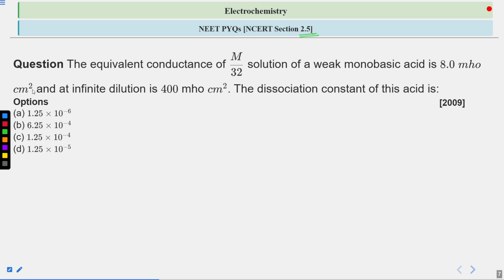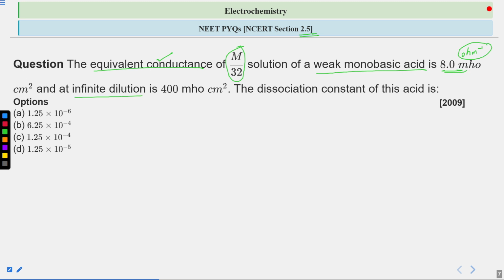We have a solution of a weak monobasic acid whose concentration is M/32 molar and whose equivalent conductance is 8 mho, which is basically ohm inverse, written as mho centimeter square.